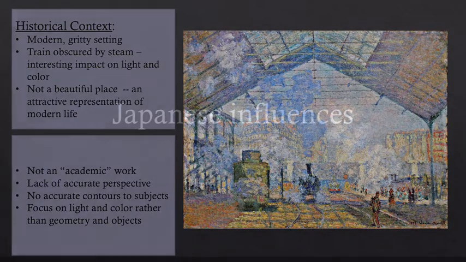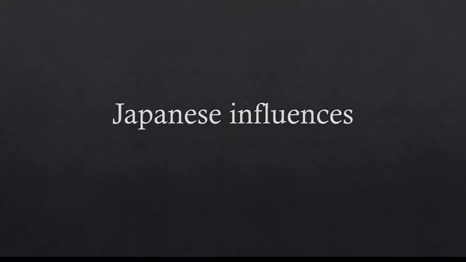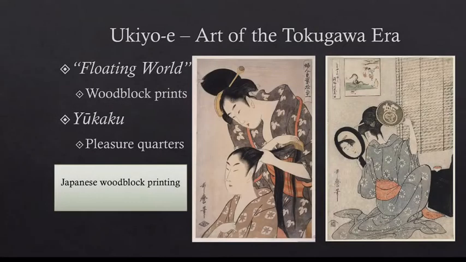Before we get into the post Impressionists, we have to look at Japanese influences on European art. Japanese influences are becoming very substantial at this time, mainly because of increased European contact with the region. Now, ukiyo-e is a type of art during the Tokugawa era, and the Tokugawa era, as we know, was extremely isolated.